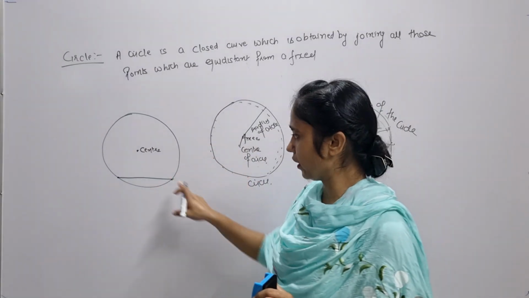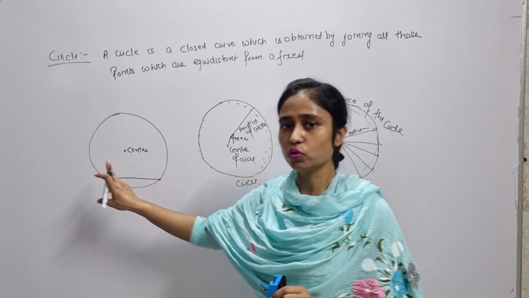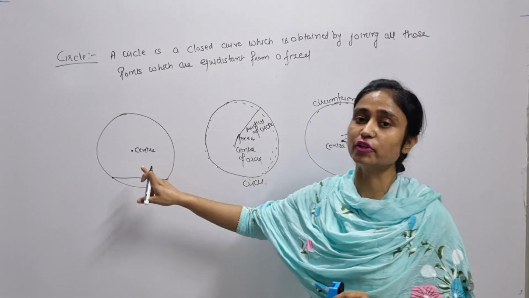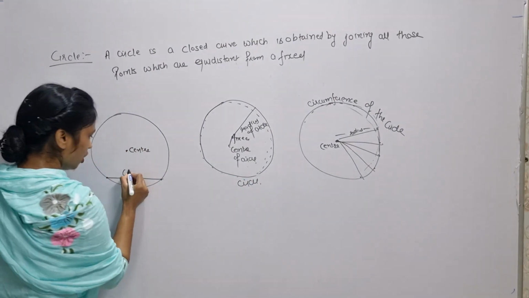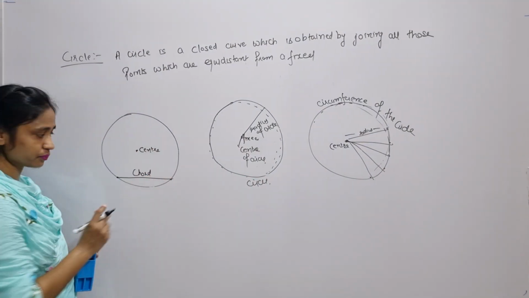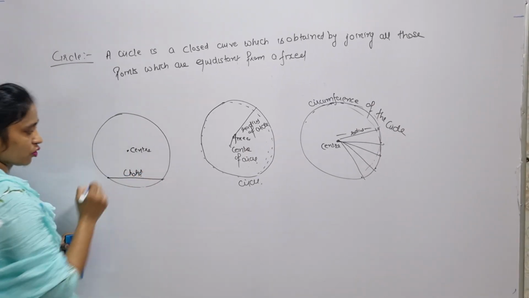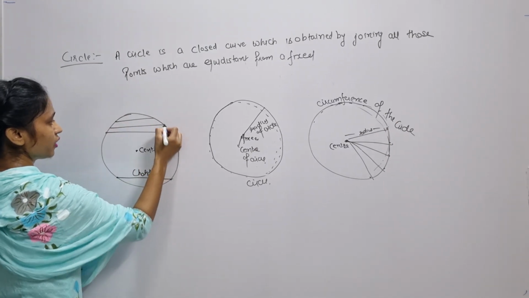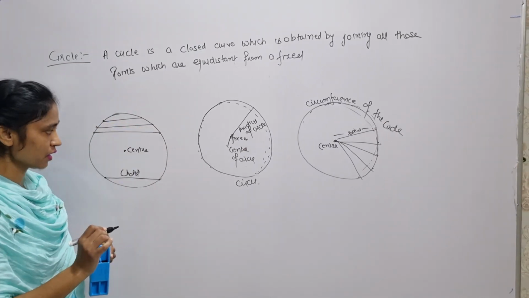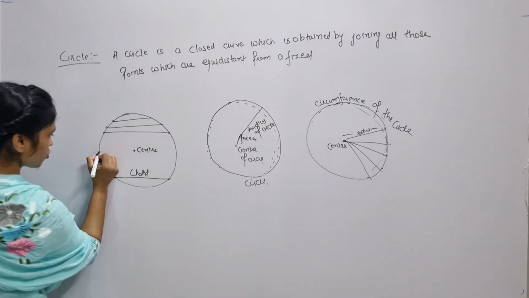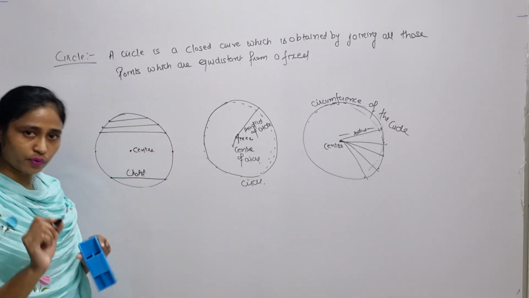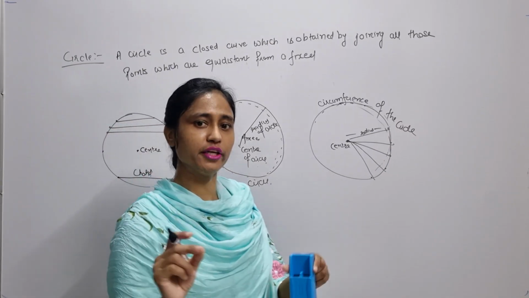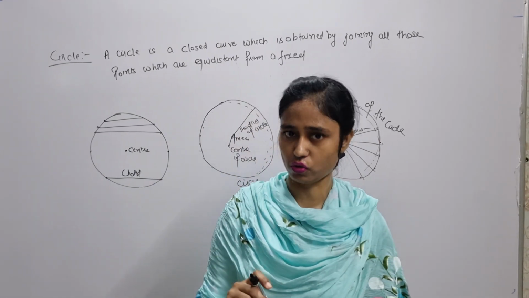If you take any two points on a circle and join them, the line segment you get is said to be a chord. This is said to be a chord of the circle. Okay, so in a circle you can draw a number of chords. See, these two are also two points on the circumference of the circle. A chord is obtained by joining two points on the circumference of the circle.